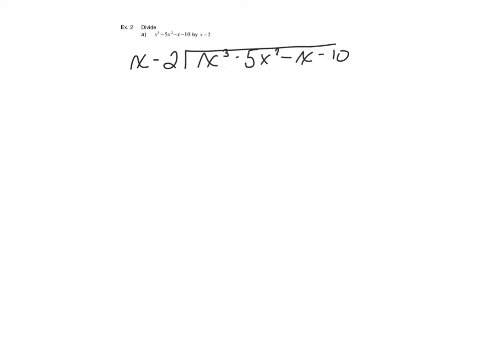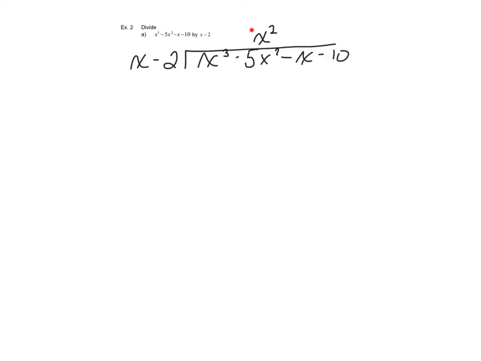So I would have to do x squared times x to get x cubed. So let's write that. Notice how I write it above the x squared term below. So the x squared matches with the x squared here. And then I multiply that.